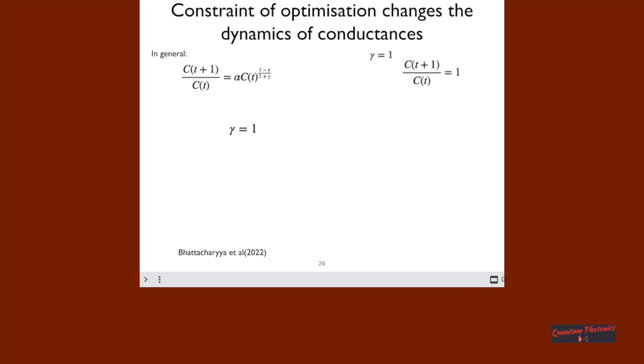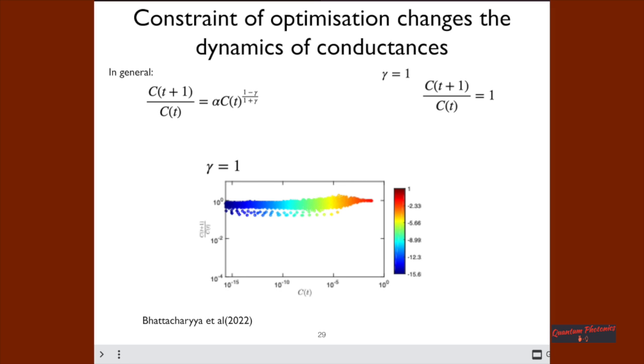That means they just stay constant and do not decay. And when we plot how the conductances adapt over time for gamma equal to 1, we see that this is in fact true: the conductances do not decay irreversibly over time.